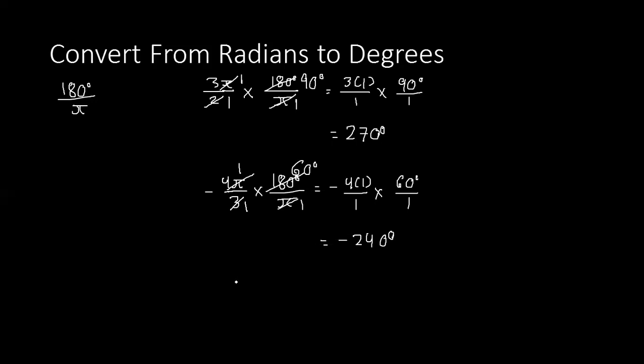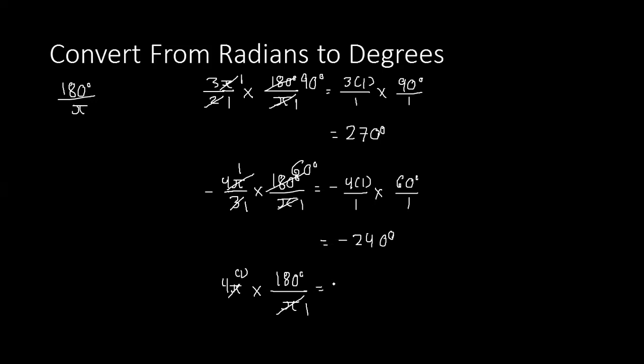Now, last but not the least, let's try to convert 4 pi. By converting 4 pi to degrees, we will have 4 pi times 180 degrees all over pi. We're going to cancel the pi's, which will give us 1 as a result.